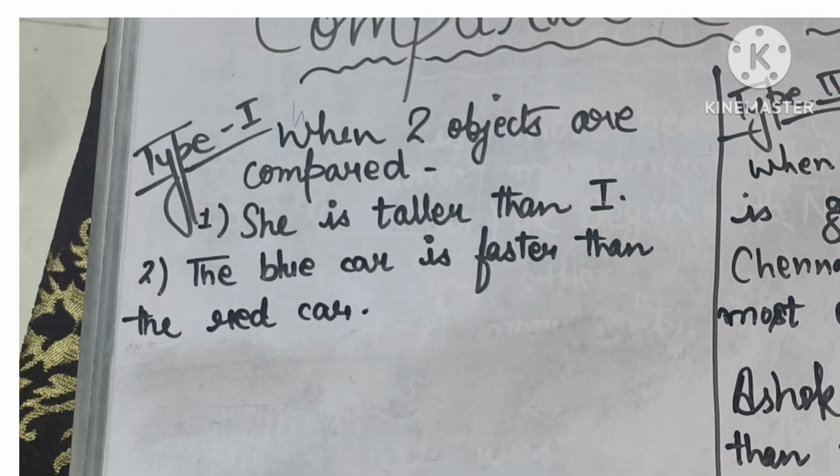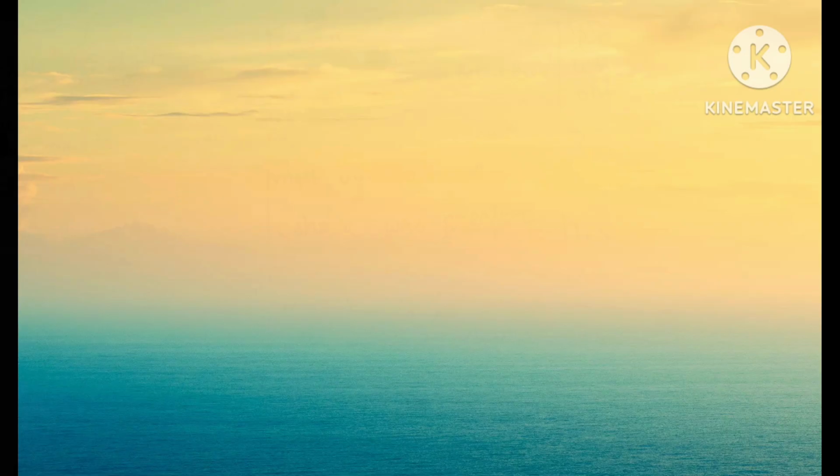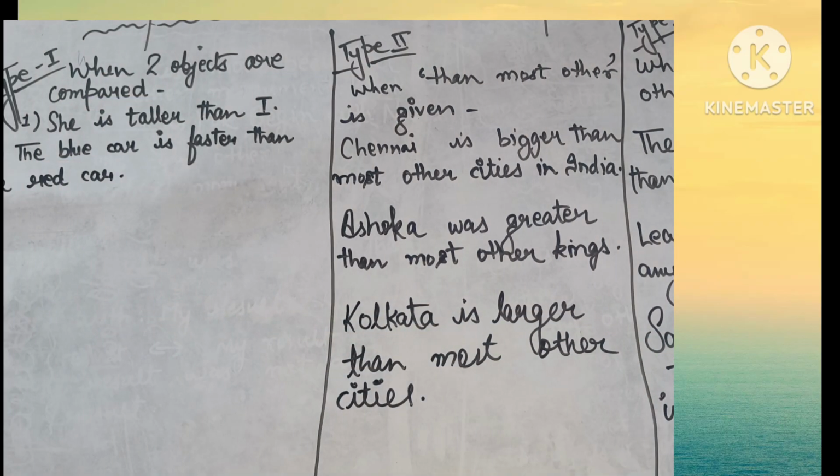So the first type of sentence which we have to learn how to convert from comparative to positive is when you get 2 objects. The transformation of this type of sentence is different. Now category number 2, where they give you "than most other" plural objects.